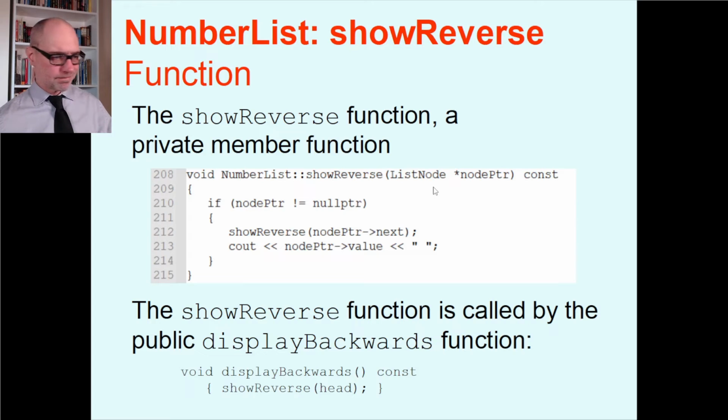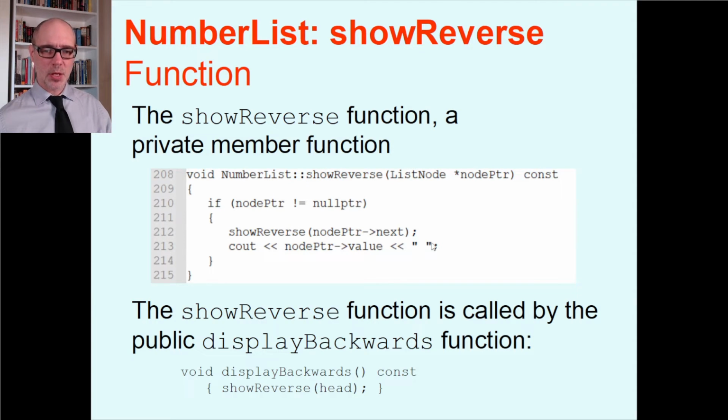There we go. As usual, recursive functions are ridiculously short. So here we are in the NumberList class, and we have this function called showReverse, and it takes a list node pointer called nodePointer. And once again, here is the recursive case in the if statement. As long as the node pointer is not equal to nullptr, you could have written that as just if nodePointer, however you want to write that.